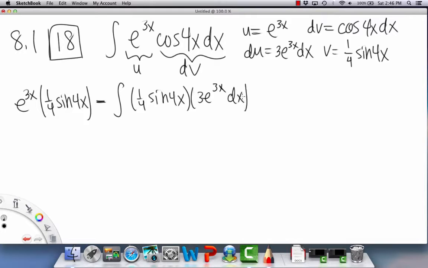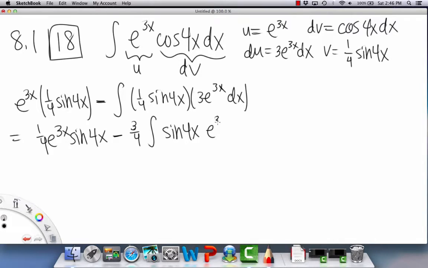This simplifies, and we can bring the 3/4 out. So I'm just going to write 1 over 4 e to the 3x sine 4x minus 3 over 4 times the integral of sine 4x times e to the 3x dx.